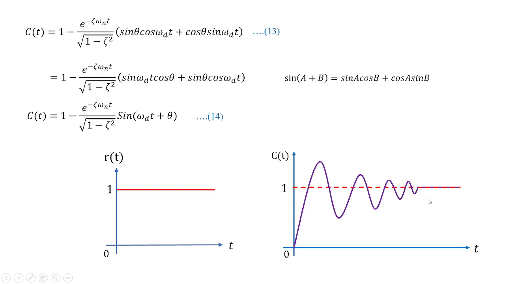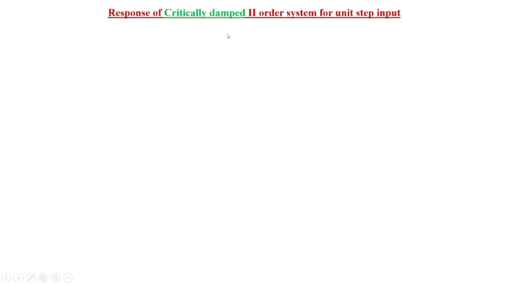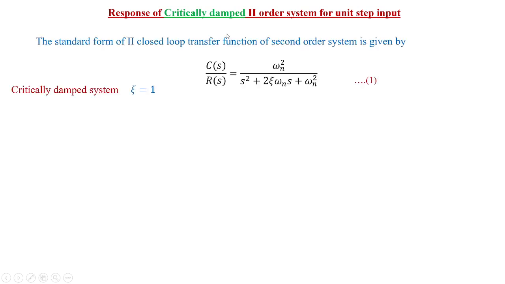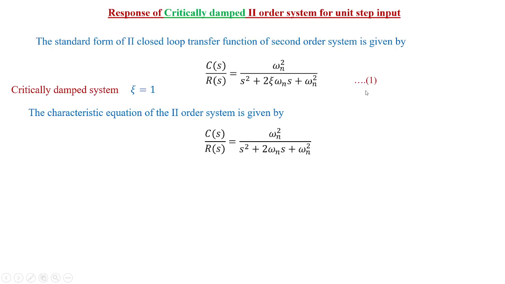Now what happens if I take the value of zeta equal to 1? Then it becomes a critically damped system. In the same analysis, we take the standard transfer function equation and make zeta equal to 1.